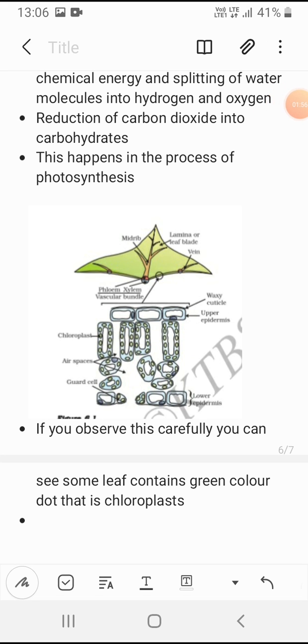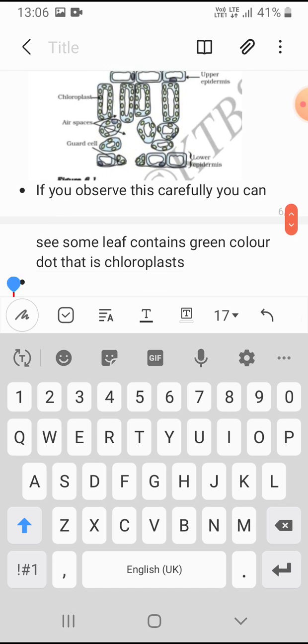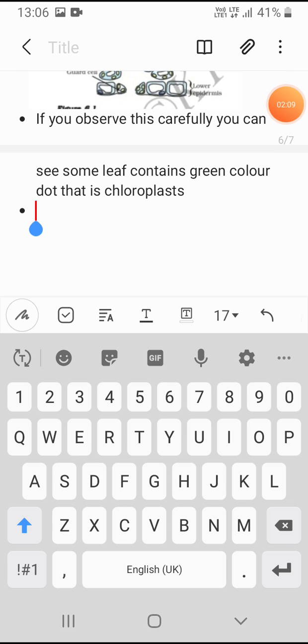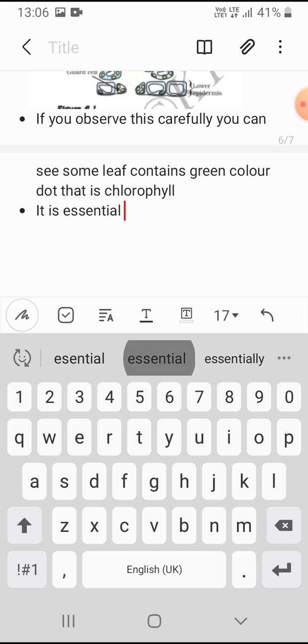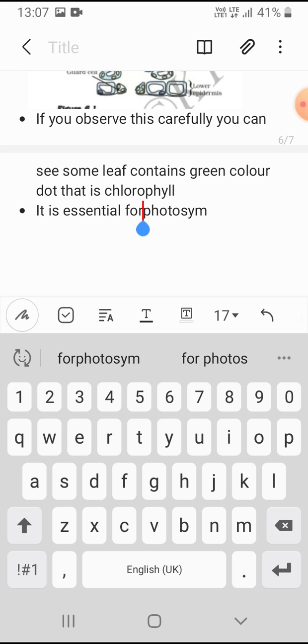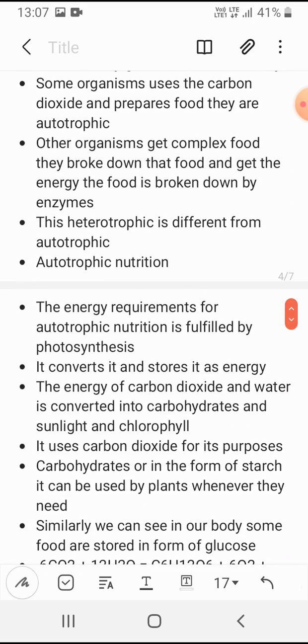In this image, there are some green color dots; they are chloroplasts, which contain chlorophyll. It is essential for photosynthesis.